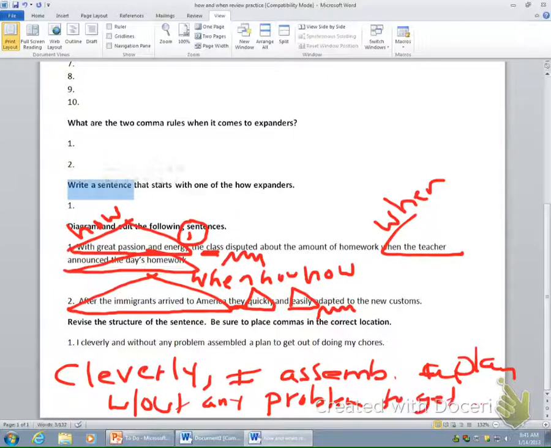So you have to make sure you ask yourself, is that the best sounding sentence? Does that work? Out of all the ways you can restructure it, does that one sound the best? So cleverly, I assembled a plan without any problem to get out of doing my chores.